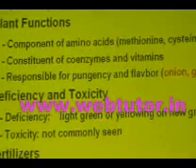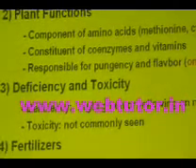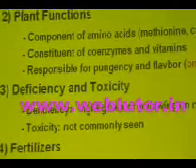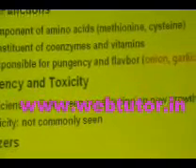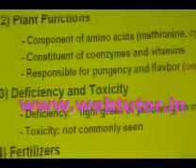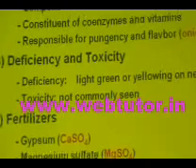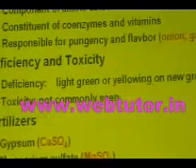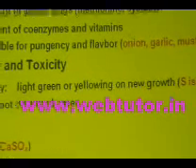It is a component of amino acids, methionine, cysteine, and a constituent of coenzymes and vitamins. Many vitamins have the sulfur bond, this SS bond. It is also responsible for pungency and flavor of onion, garlic, mustard. You can see this when you cut onions, when water comes from your eyes, it's because of the sulfur released from the onions.